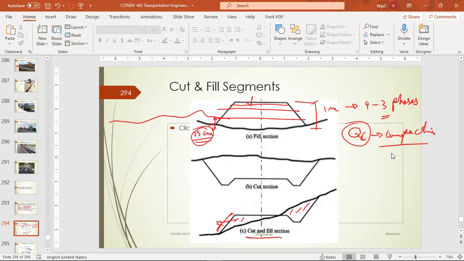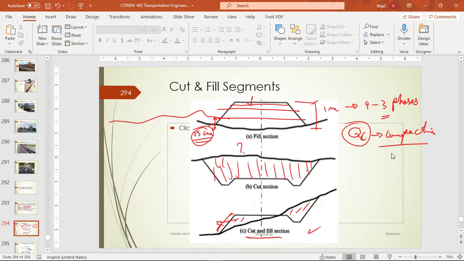However, cuts are relatively easier, but where you are going to dispose of this amount of soil is very critical and also very questionable. The optimum section, if you have cut and fill in the same site, is what we prefer.